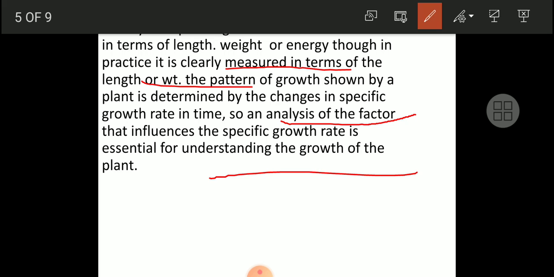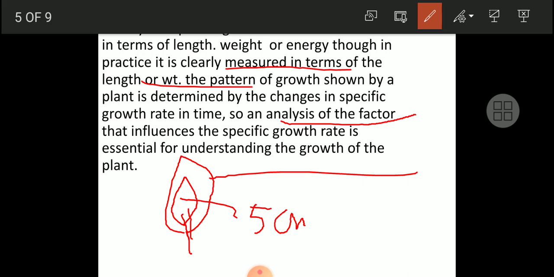Friends, I will show you one thing here. Suppose this is a 5 centimeter square initial size of a leaf, that increases up to 10 centimeter square.